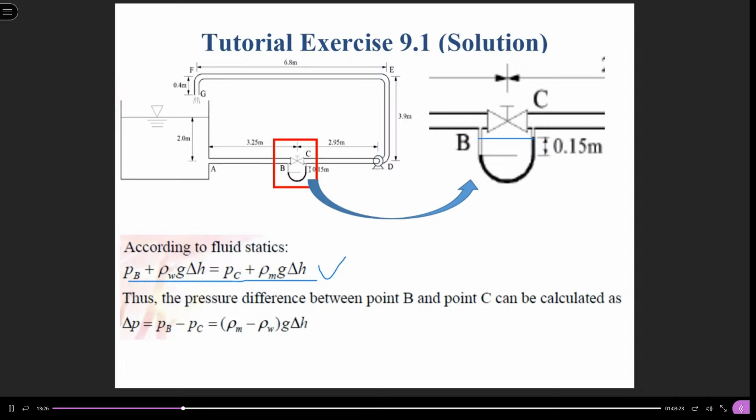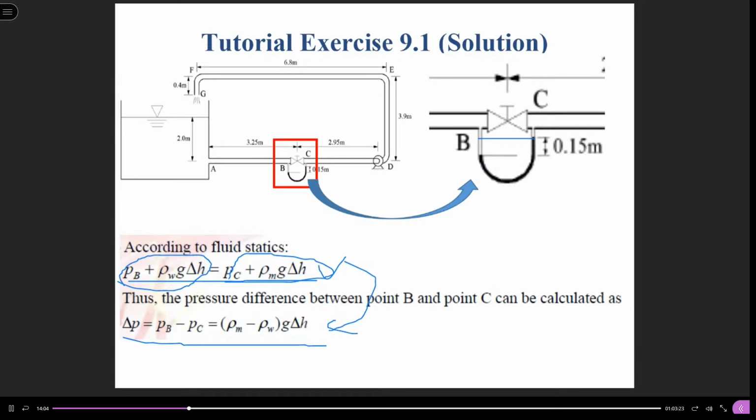Pressure at point B is equal to this form, and also the pressure at point C is this one. Then the pressure difference between point B and point C can be calculated as this equation, right?